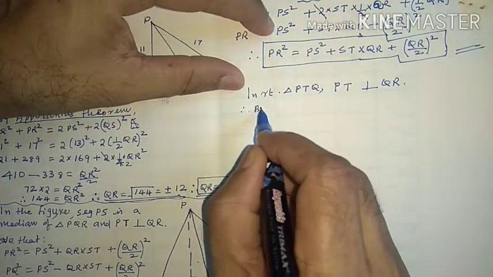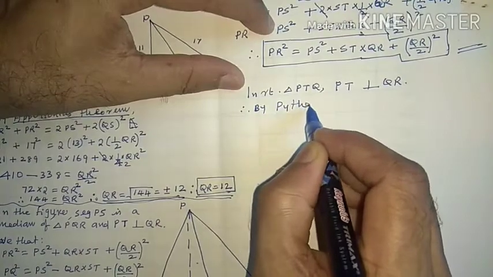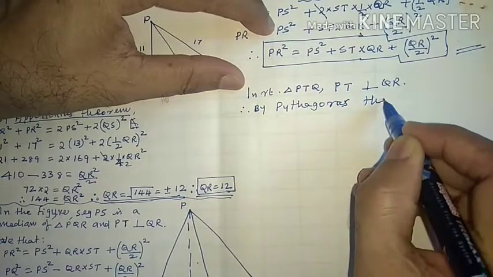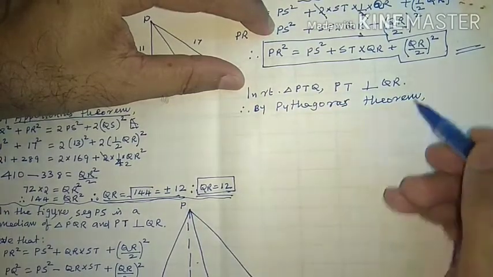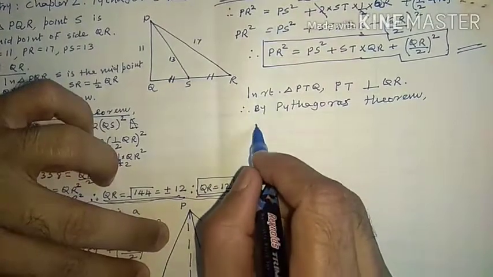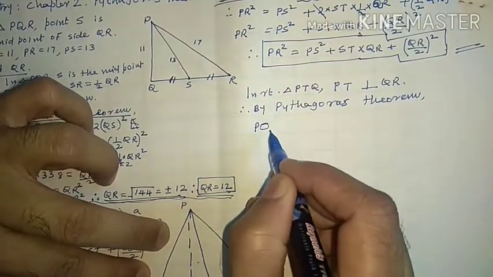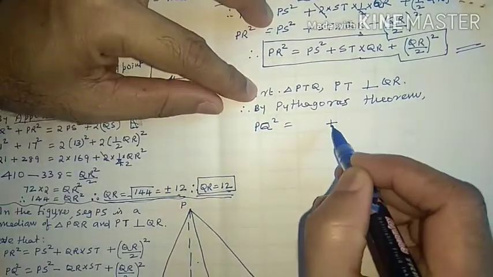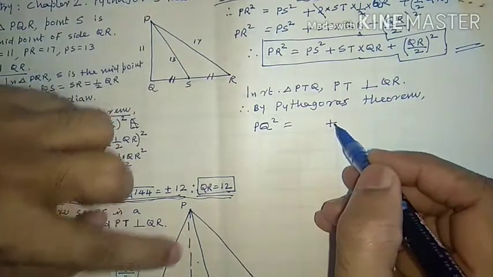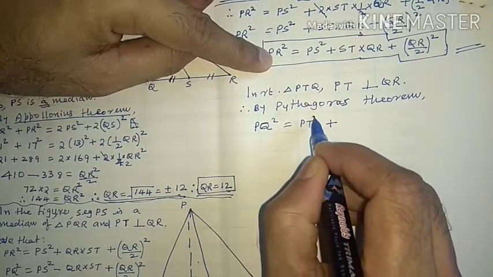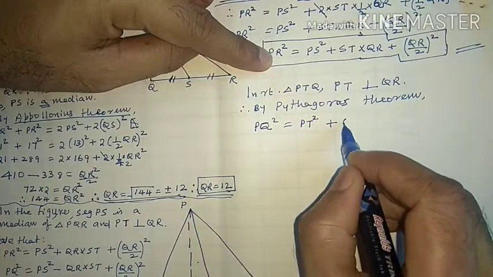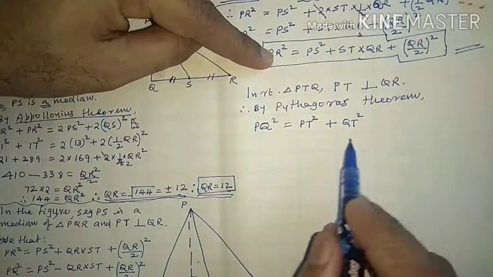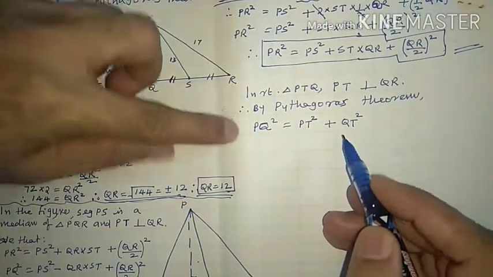Therefore, by Pythagoras theorem, square of the hypotenuse PQ square equal to the sum of squares of the other two perpendicular sides, like PT square plus QT square. Pythagoras theorem we have already written, so we will not write the reason again.